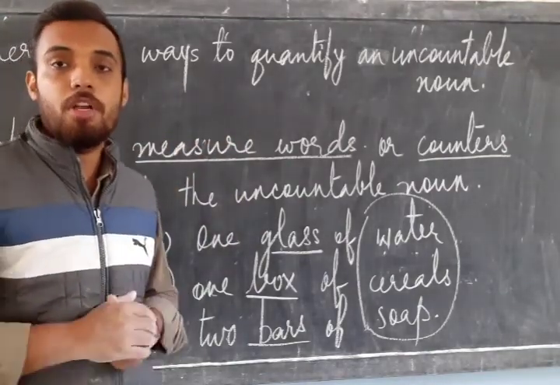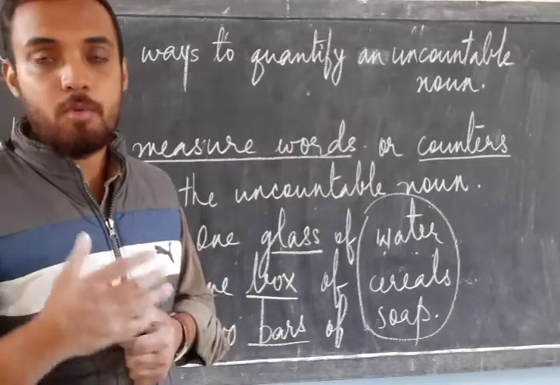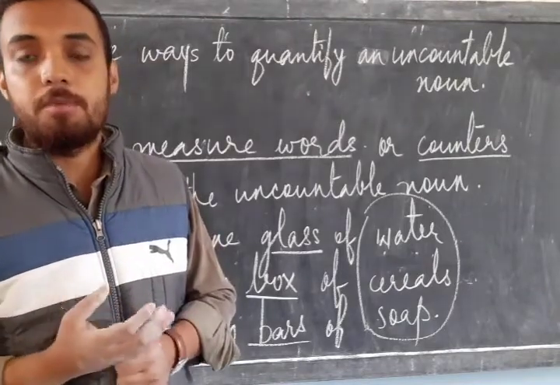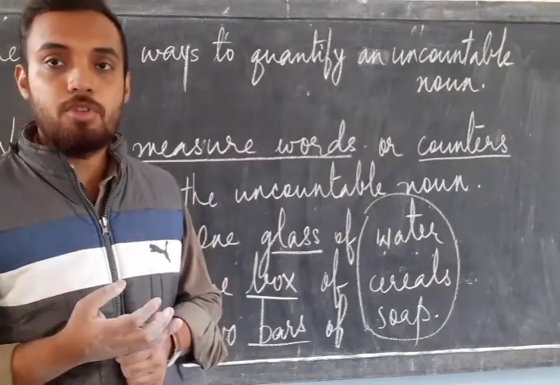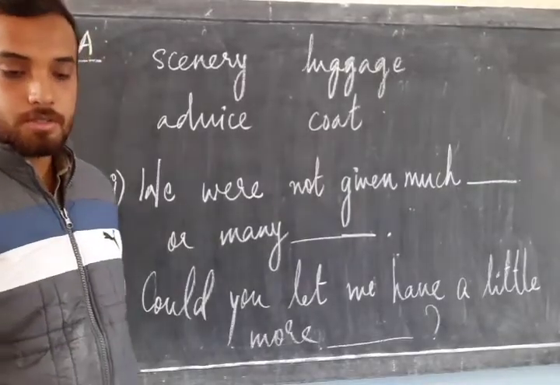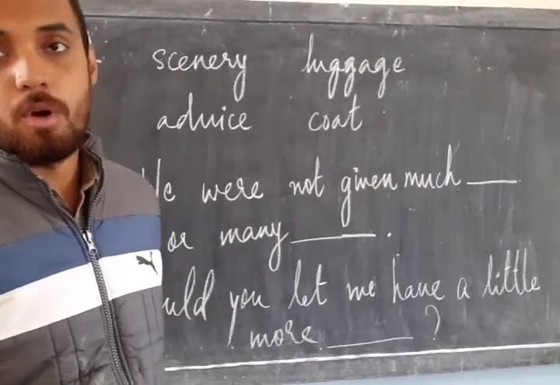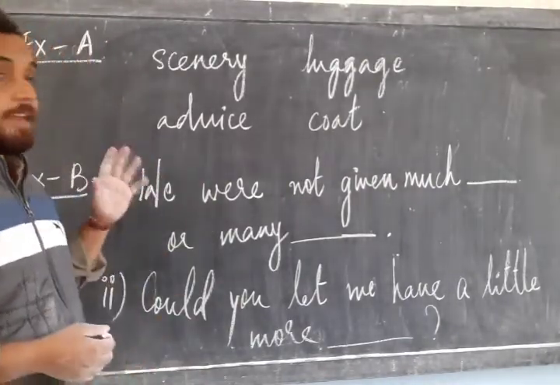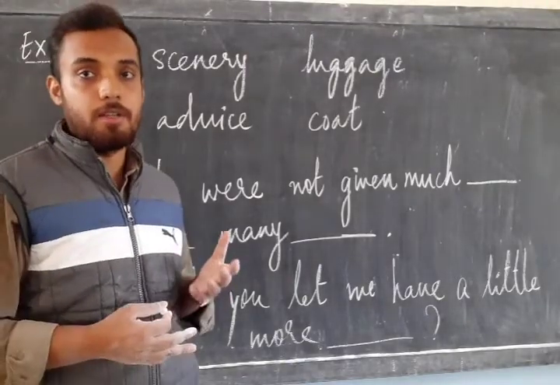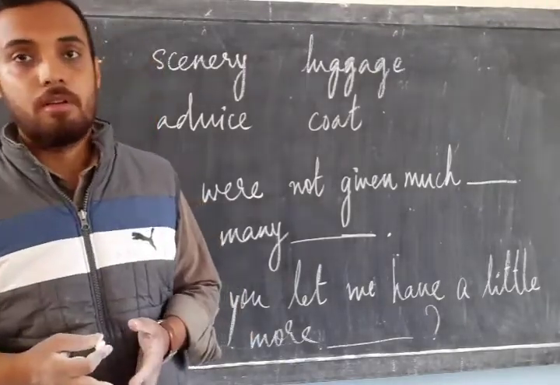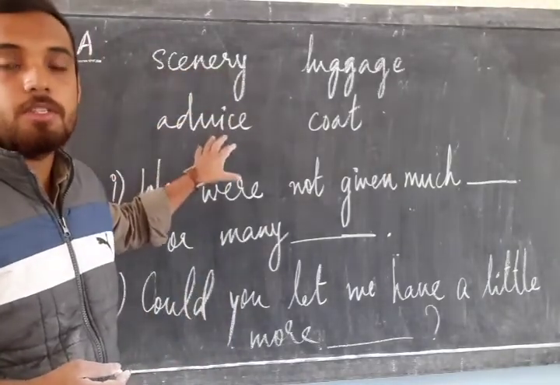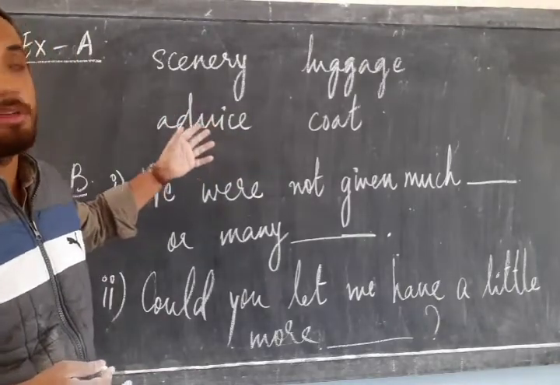Now I am going to explain the exercises that I am going to give you, and according to the given instructions you have to work them out. Students, the exercise that I have posted on your WhatsApp group: in exercise A, you just have to identify whether the noun is countable or uncountable.